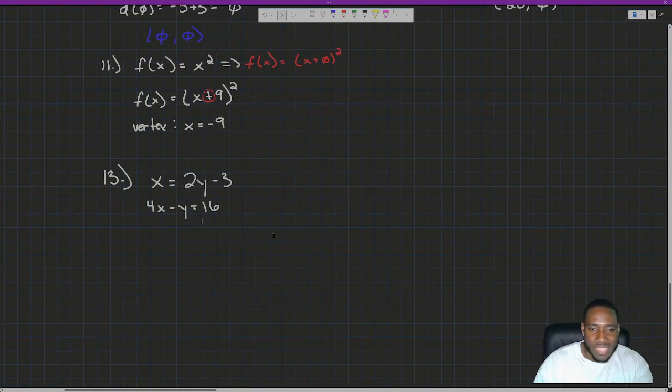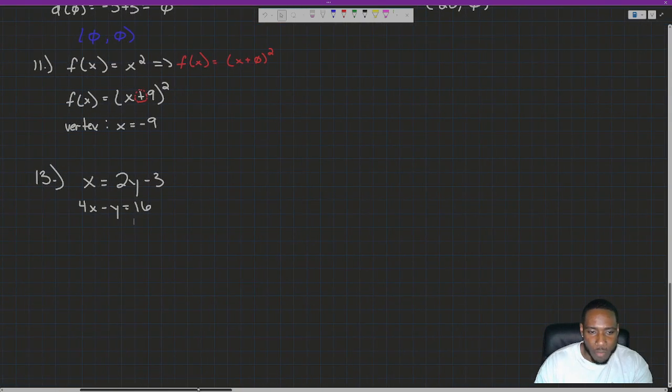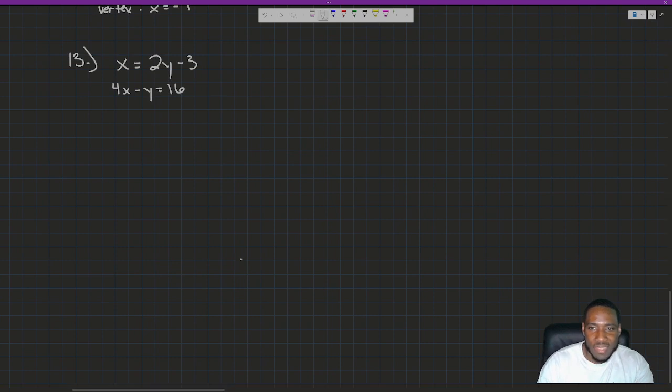So like I said, we're going to take this value for x that we've been given. We've been told that x is equal to 2y minus 3, and we're going to substitute that for the x in the other equation. So this is what that's going to look like. 4, instead of x, we're going to write 2y minus 3, minus y is equal to 16.